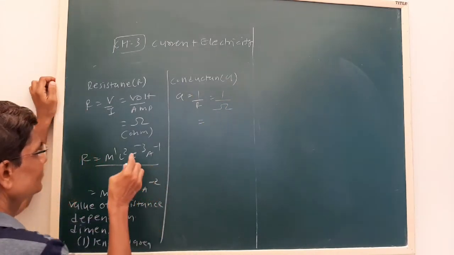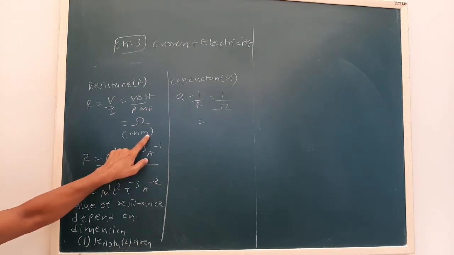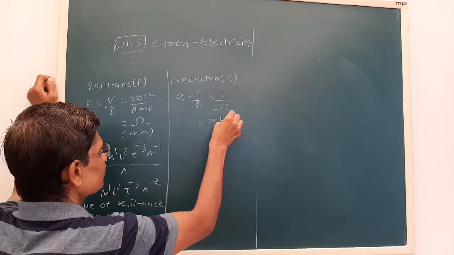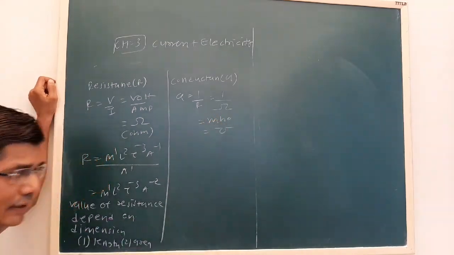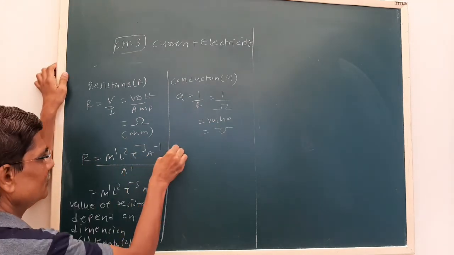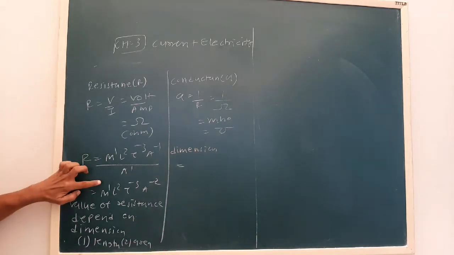See, if I spell ohm back, resistance unit is ohm, then it will be MHO, just the reverse of this. Okay, now the dimension we have seen will be m minus 1.